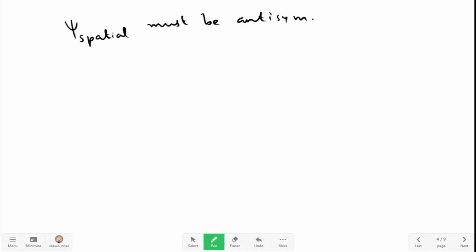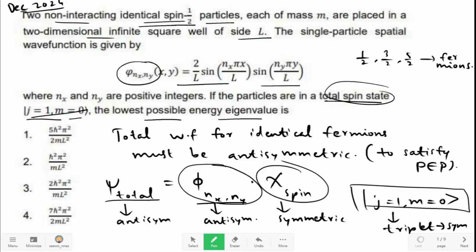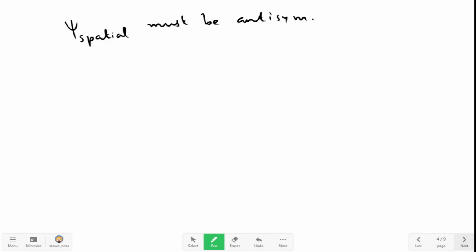So we cannot use phi nx ny for the total spatial wave function. So here also you can edit. This is the total spatial wave function, psi spatial, and phi nx ny given in the question is the single particle spatial wave function. This psi spatial is the two particle wave function. Alright, so the total spatial wave function must be antisymmetric.